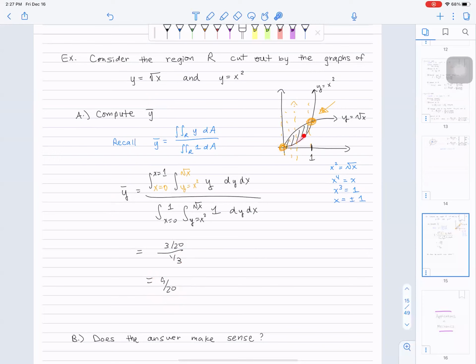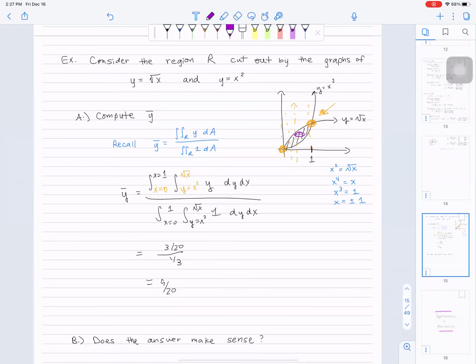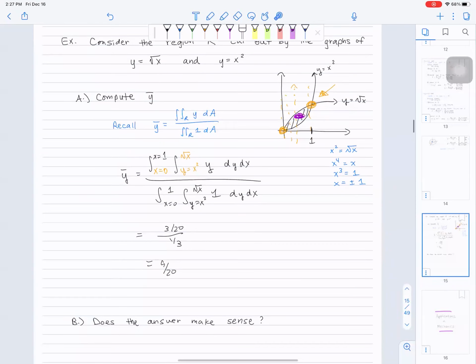And looking at our region, what is the middle value of y? The middle is probably somewhere here, something like that. So all we know is the average y coordinate should be positive based on our region, because it's in the middle. And since we did get a positive number, our answer does make sense.